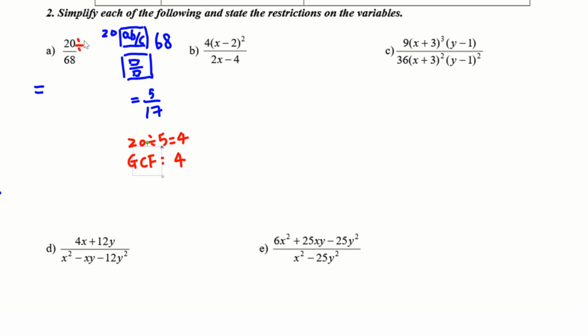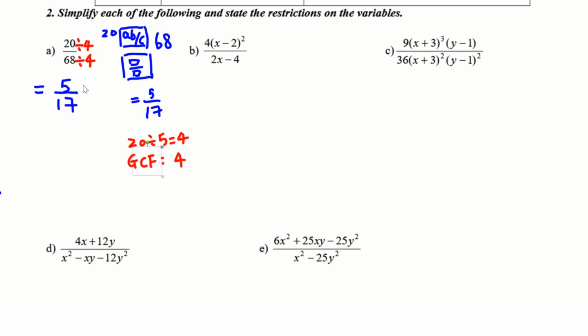Cancel means divide. So 20 divided by 4 for the numerator, also 68 divided by 4. Then you will have the lowest form of this fraction, and this we call simplified: 5 over 17. So this is simplifying from rational numbers.